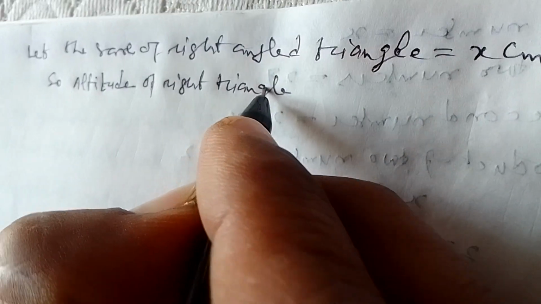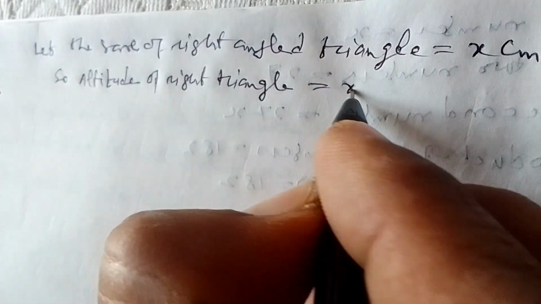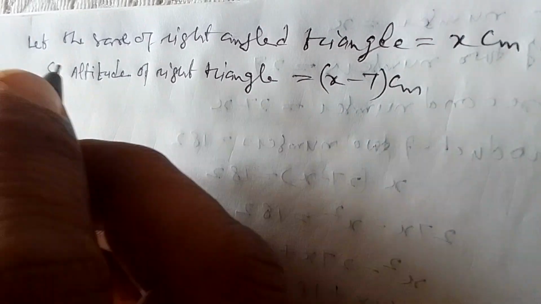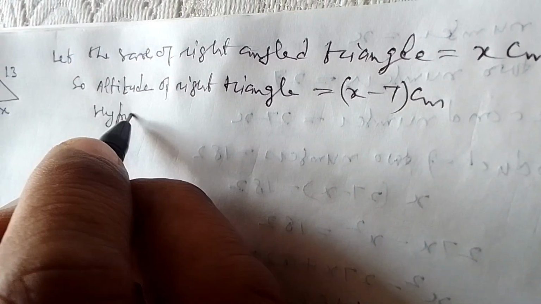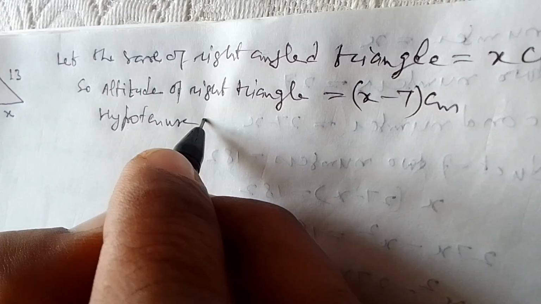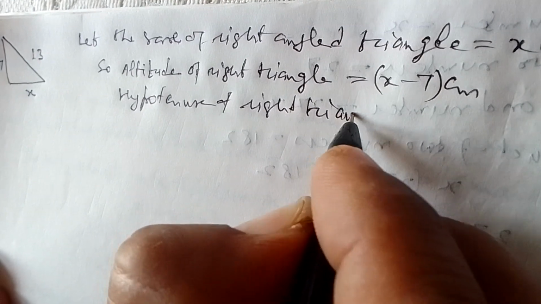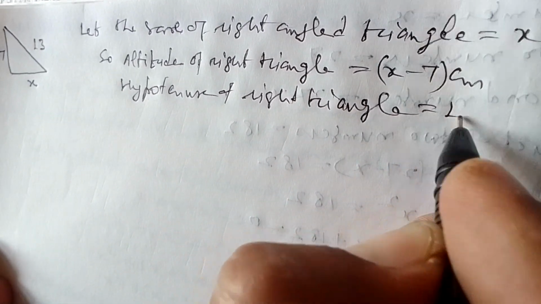So altitude or perpendicular of the right triangle is x minus 7 centimeter. Hypotenuse of the right triangle that is given is 13 centimeter.